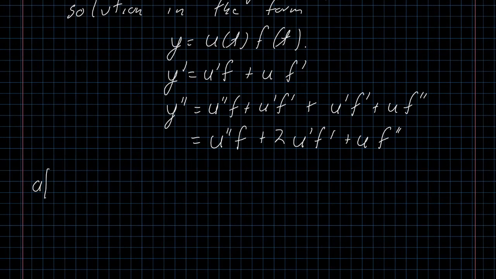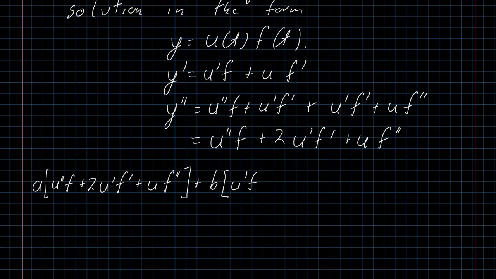We have a times u double prime f plus 2 u prime f prime plus u f double prime plus b times y prime, which is u prime f plus u f prime, plus c times y, which is u f, equals 0.